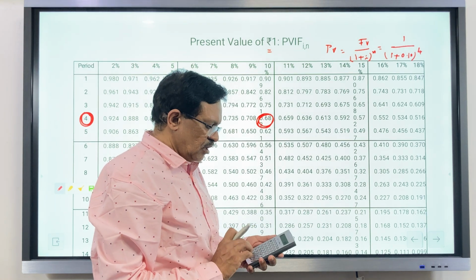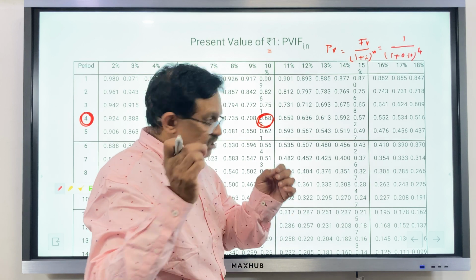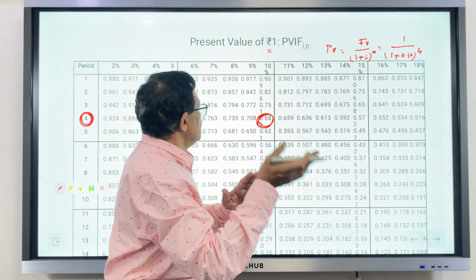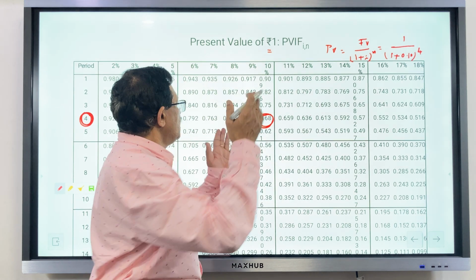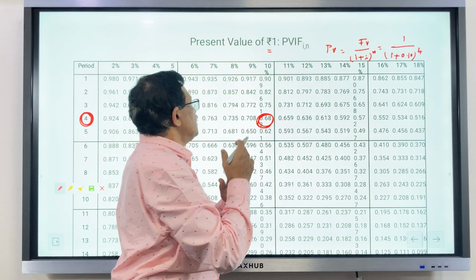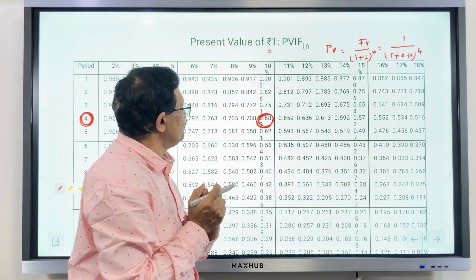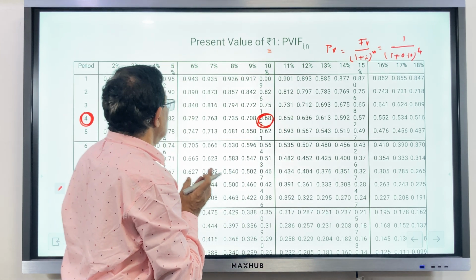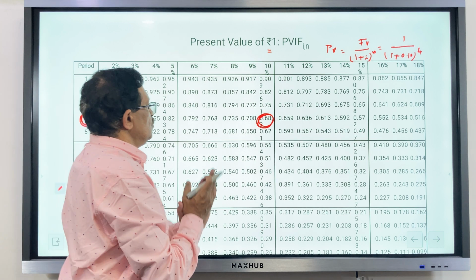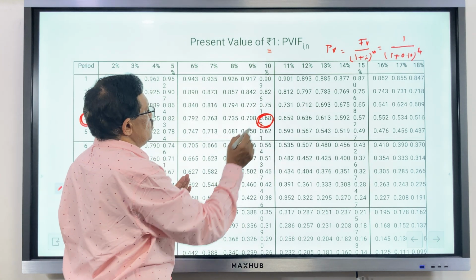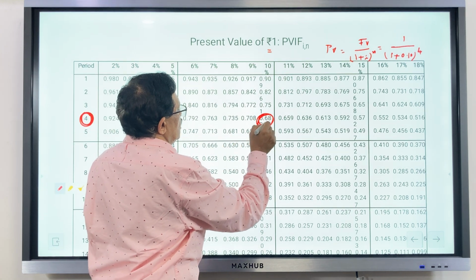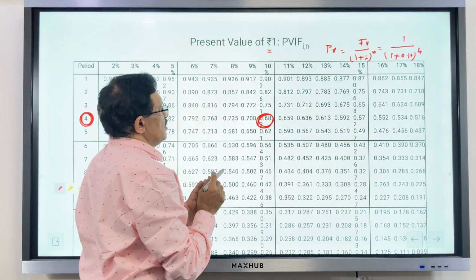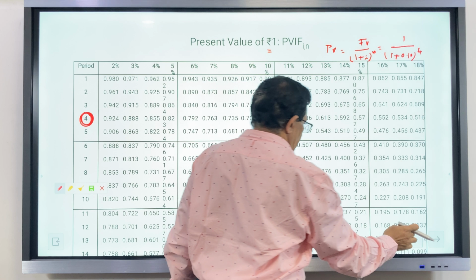Okay, there might be some difference in the table values, but it is 0.681 we are getting. Here it is 0.683 because it is an adjusted number. So this particular number is absolutely right. So for calculation of the present value, we can use this particular table values where we got the present value interest factor as 0.683. Just remember that particular thing.